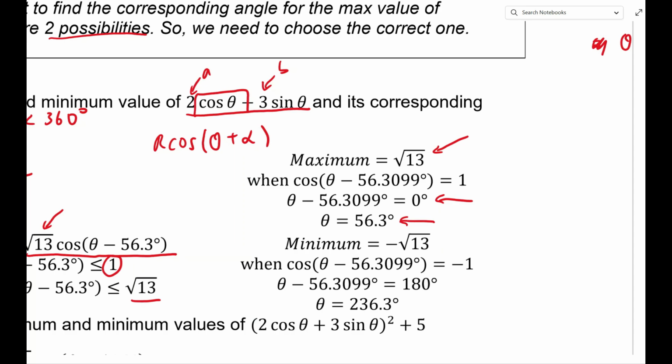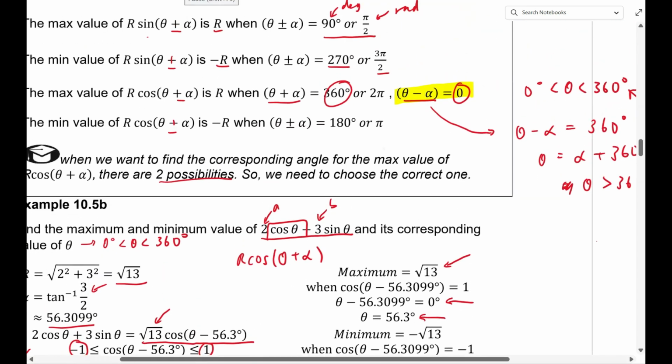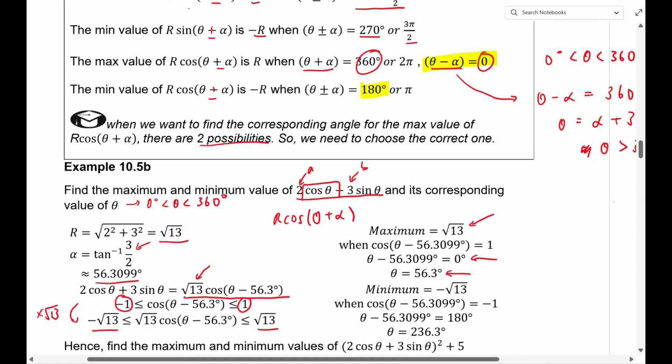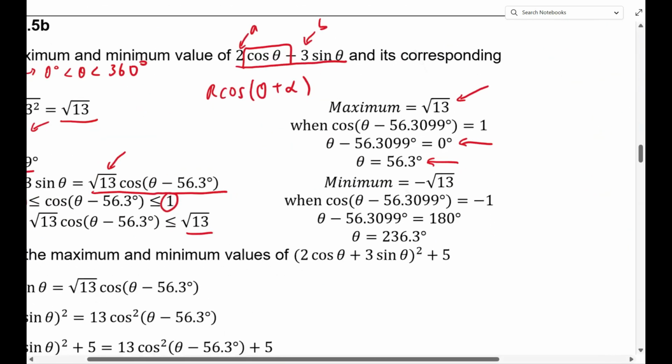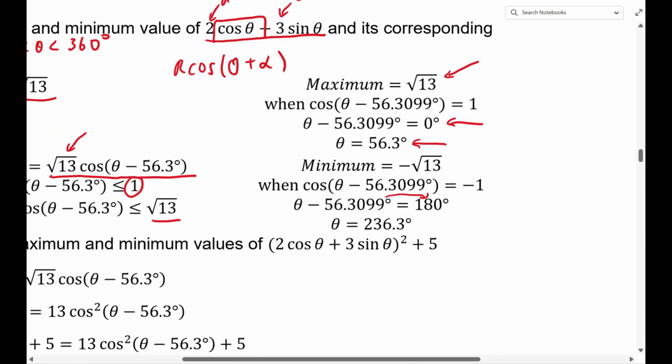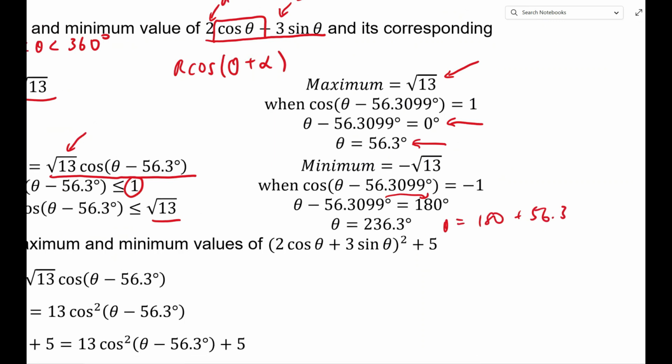Similarly, at our minimum value, theta minus basic angle will equal 180. Therefore, shifting the 56.3 over, our theta will equal 180 plus 56.3, which equals 236.3 degrees.